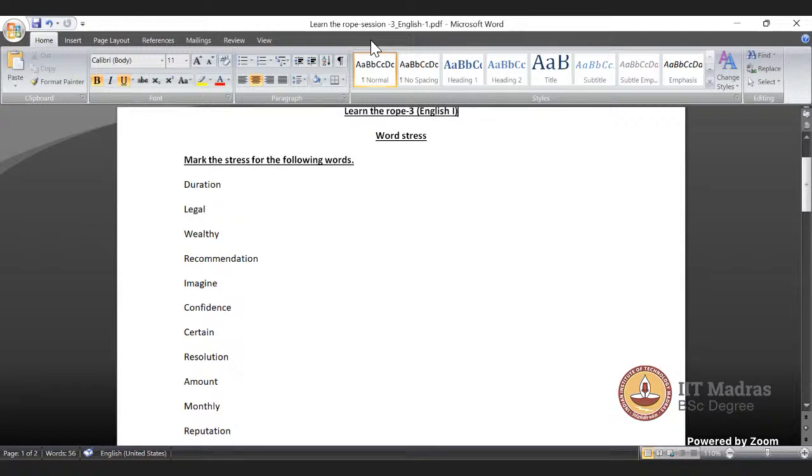Amount is what? Verb, noun, adjective? It's a noun, so the stress is on the first syllable. Absolutely. Monthly. Penultimate, two syllables. Why? What is monthly? Is it a verb, adjective, noun, adverb, preposition?